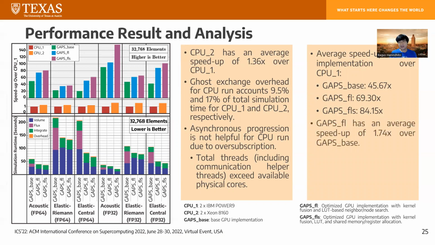In that way, the fused kernel and LUT neighbor search and node lookup give a significant improvement over the GPU baseline implementation, a 1.74x average speedup. Meanwhile, the FLS gives another 1.117x speedup over FL.